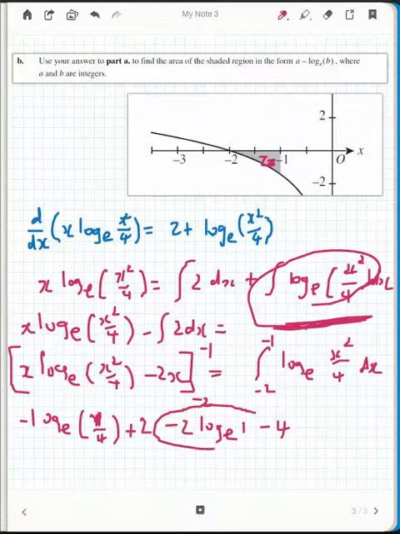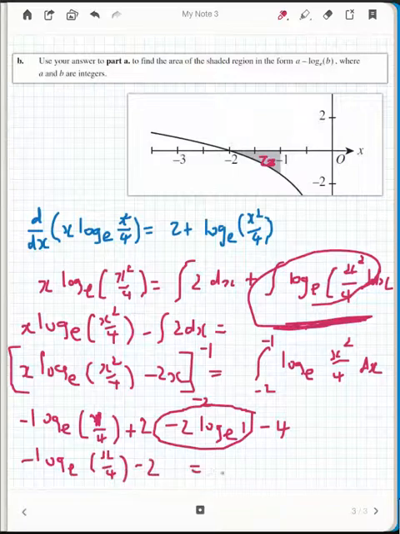This equals 0. So I've got minus log base e of 1 on 4 minus 2, which will equal minus 2 plus log base e of 4. So I can bring the 4 up and it will be 4 to the negative 1. The negative 1 can go to the front and multiply. Now, that's what my answer is.